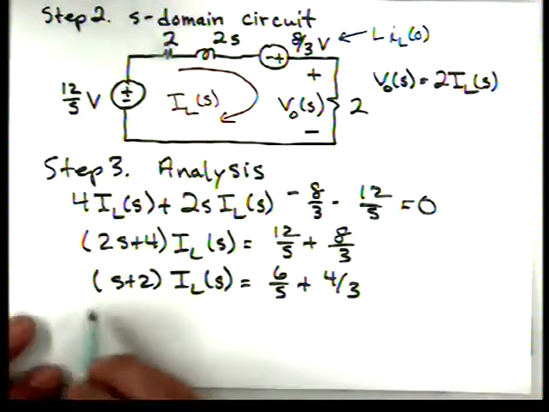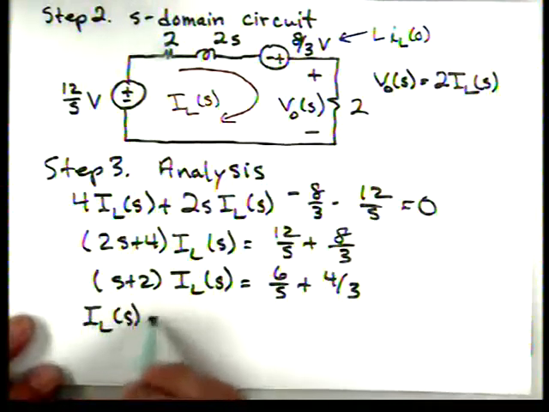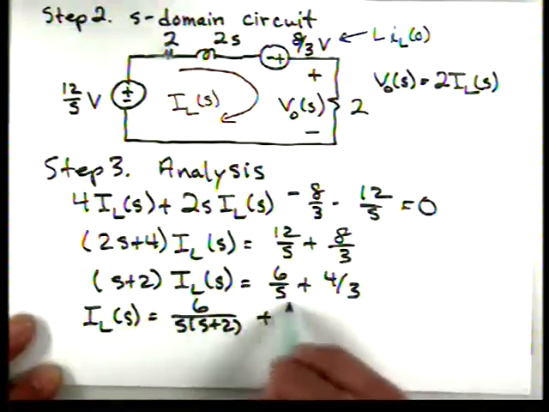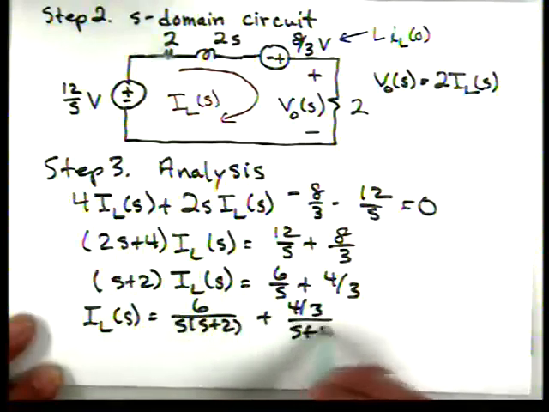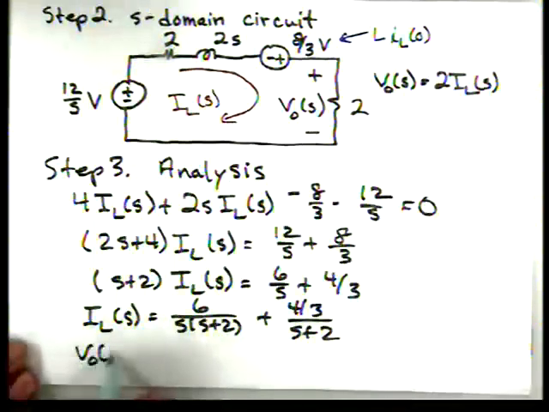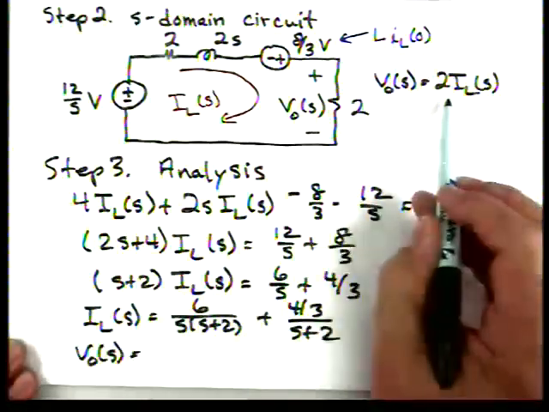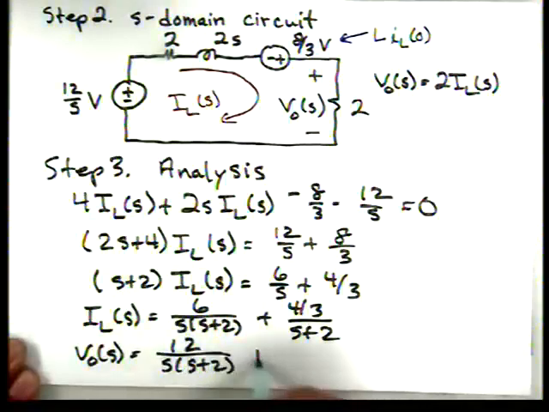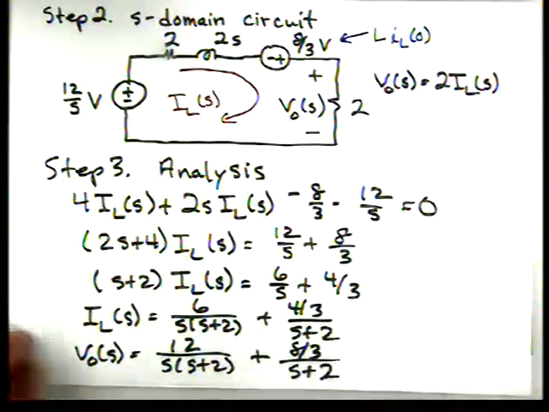So now IL of S then is 6 over S times S plus 2, plus 4/3 over S plus 2. Now then V0 we notice is 2 IL. So V0 then is 12 over S times S plus 2, plus 8/3 over S plus 2.